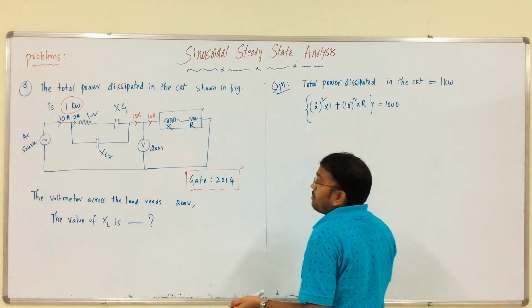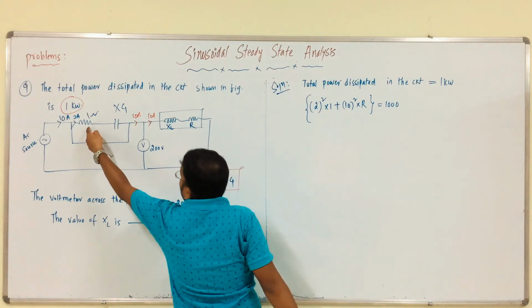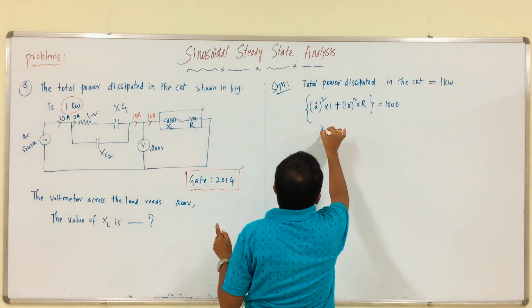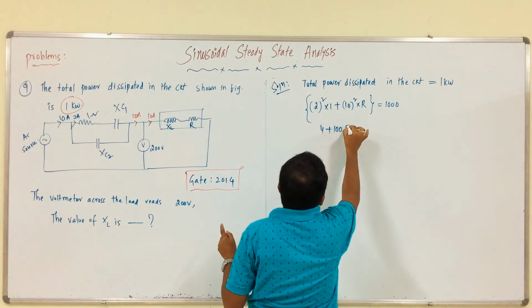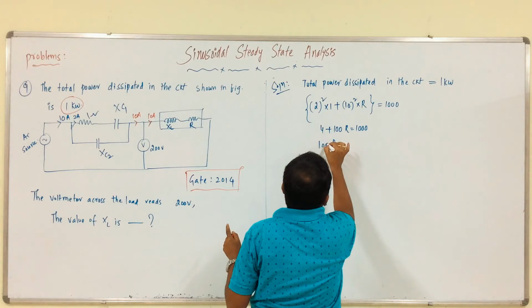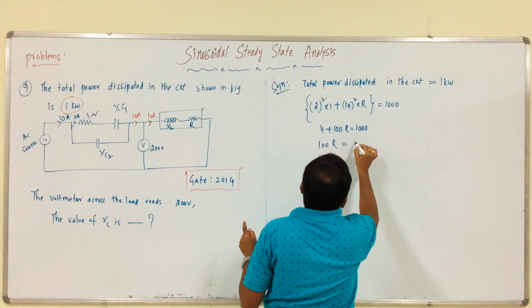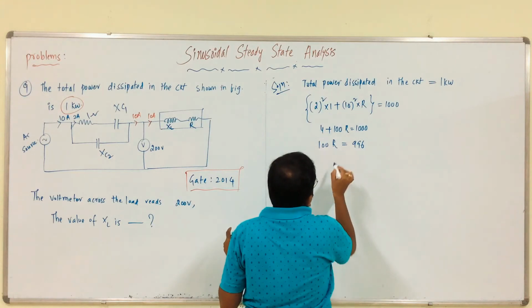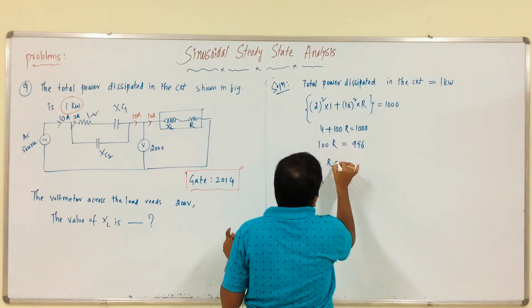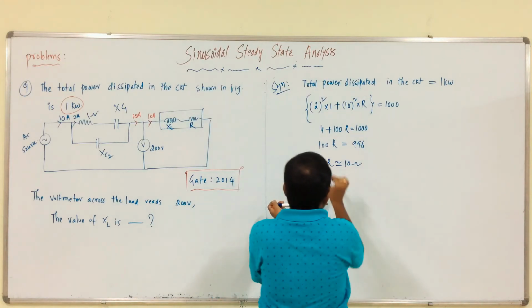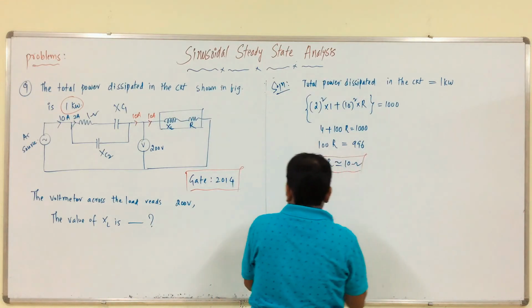Total power dissipated means through the resistors only. So 2 square into 1, like that 10 square into R. So 4 plus 100R is nothing but 1000. So 100R is nothing but 996. So approximately the value of R is nothing but 10 ohms.